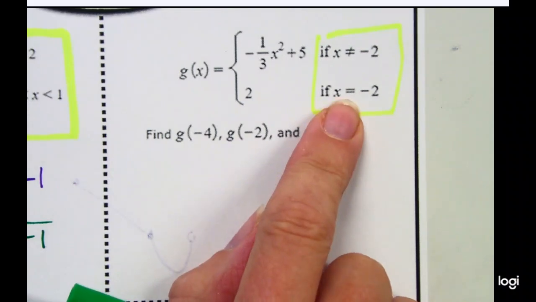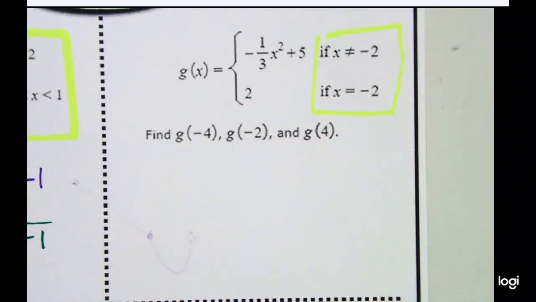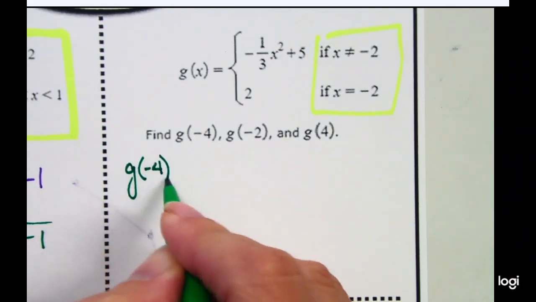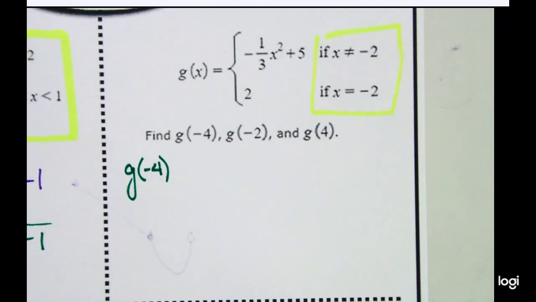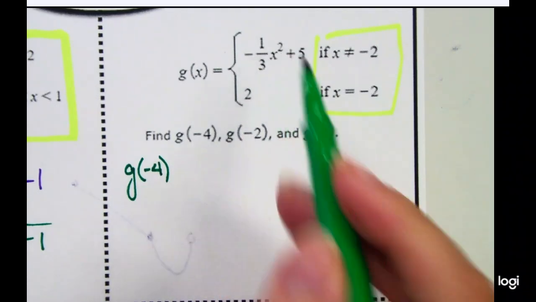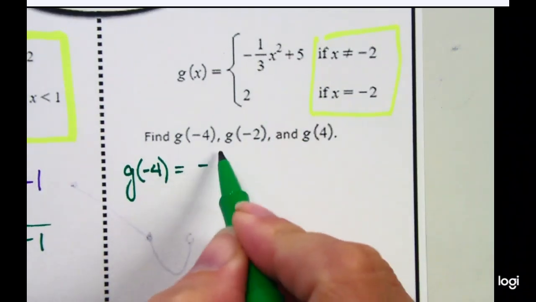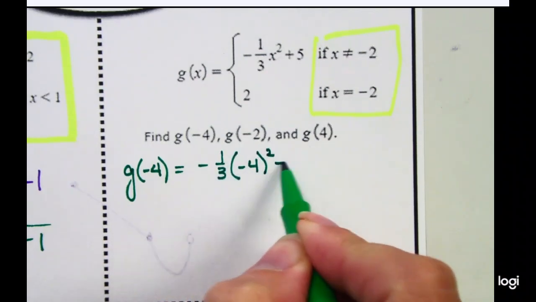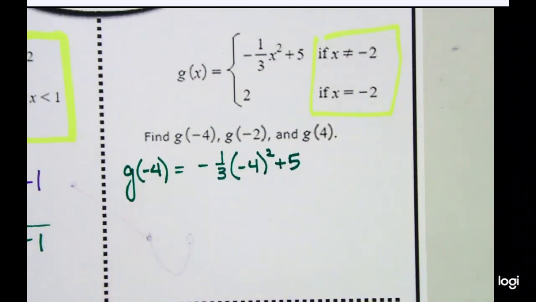This one, the only value it can equal is -2. All right, so if I've got -4, which one is it going to be? The top one. So let's just say -1/3 times -4 squared plus 5.